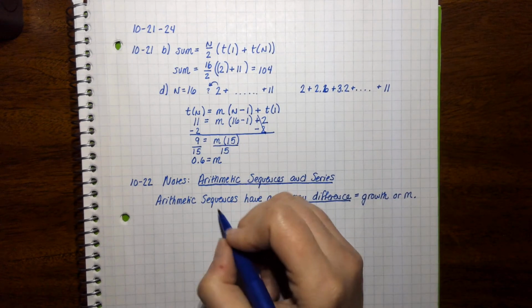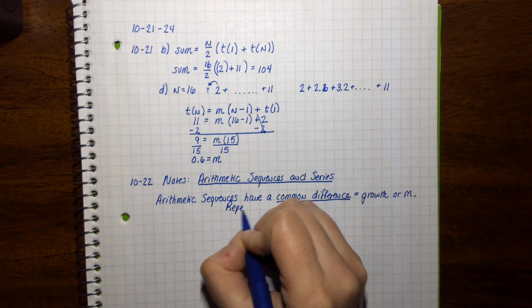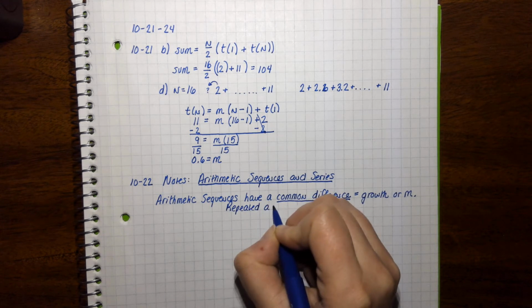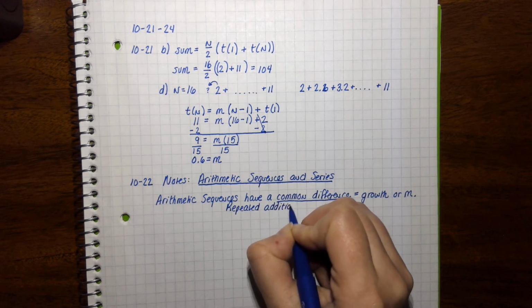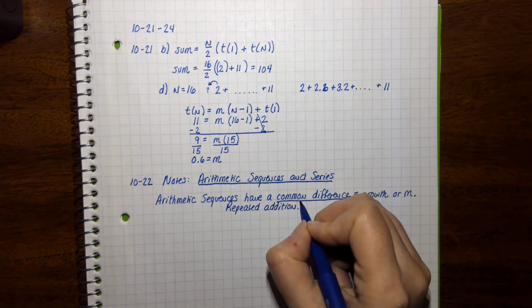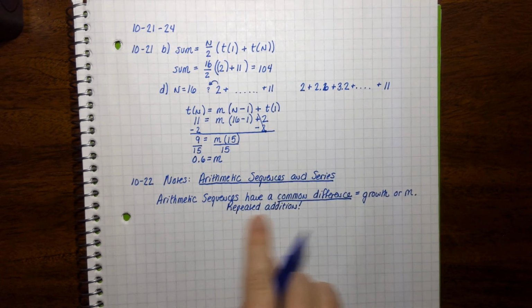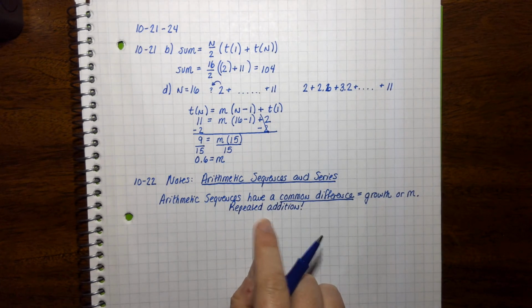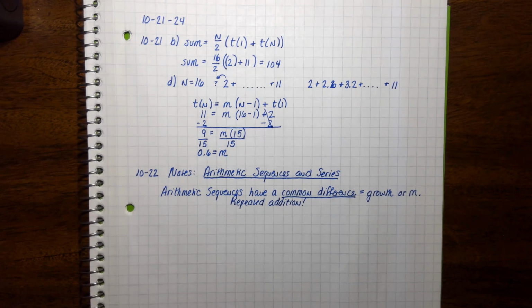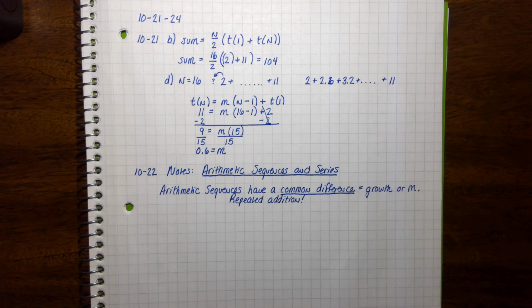And this is repeated addition. I want to spoiler alert you a little bit that there will be repeated multiplication ones coming up. Those will be geometric. Hopefully that word sounds familiar from Math 1.